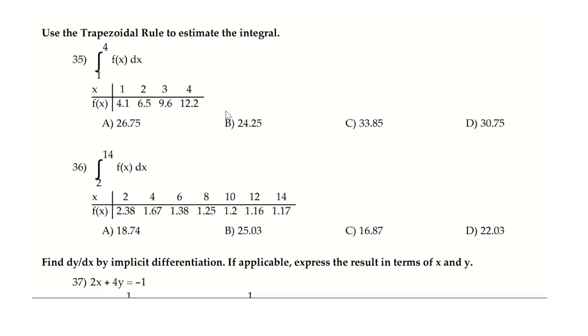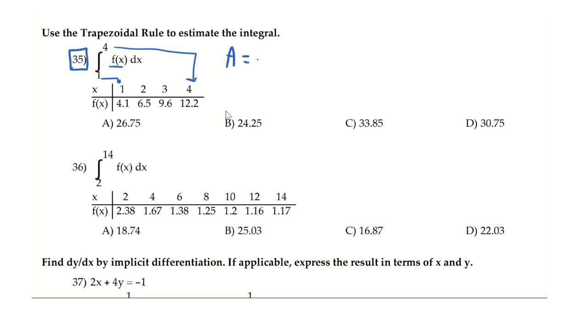What if I wanted to use that trapezoidal rule or the trapezium rule and the given is the whole table? Notice that I don't have a function and I want to find the integration from 1 to 4. So what I'm going to do, I'm going to apply the rule directly.